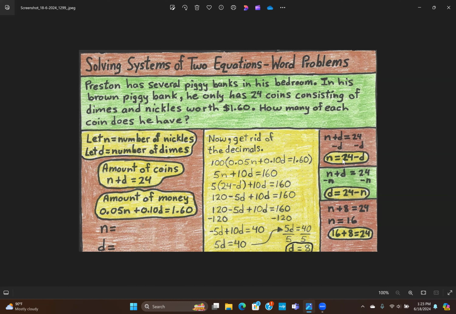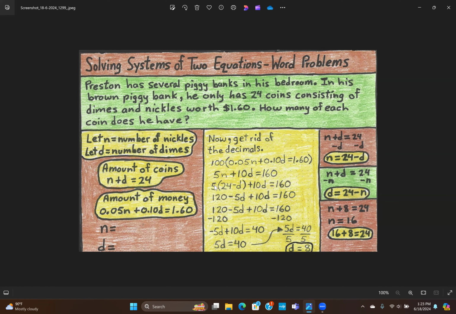But let's go ahead and plug this one in where we have n is equal to 24 minus d, meaning that wherever we see n, we're going to replace that with 24 minus d. And we're going to do that right here. So instead of saying 5n, we're just going to say 5 times the quantity of 24 minus d, plus 10d is equal to 160, to help us get the amount of dimes.